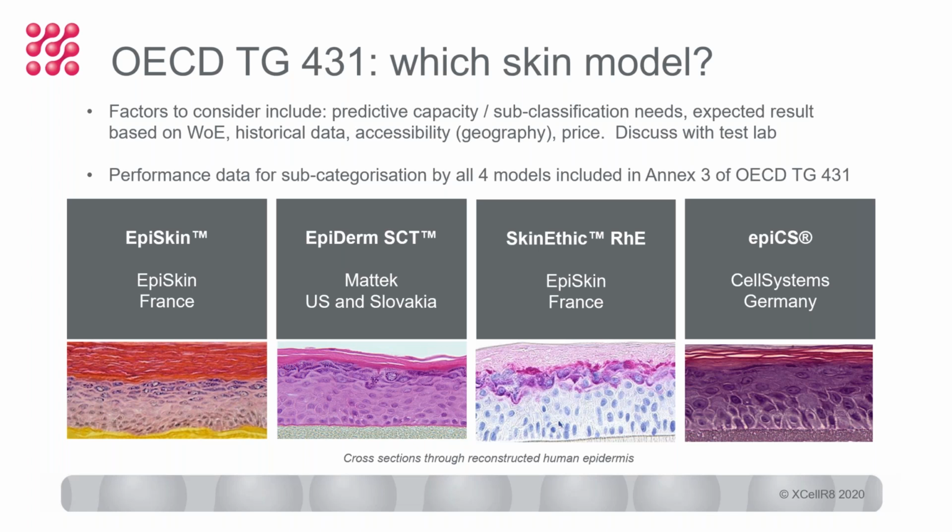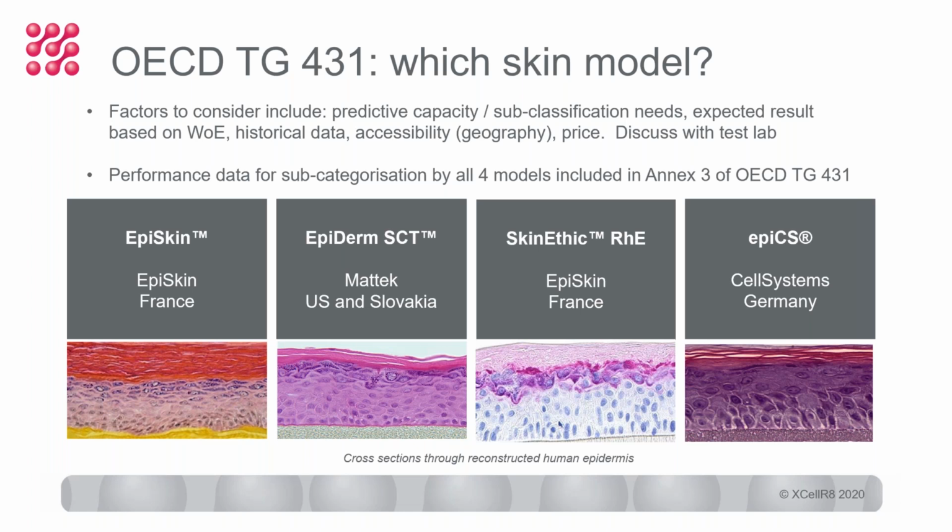I think there are a number of factors to consider. These can include the predictive capacity or subclassification that you need. Do you just need a straightforward category 1 versus non-corrosive? Or do you actually need to know what the subclassification is for your chemical?